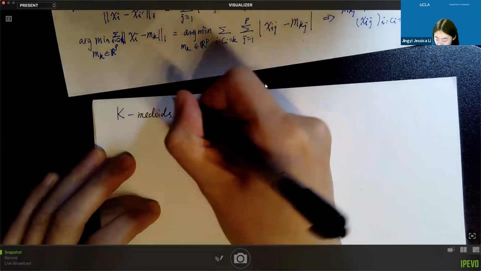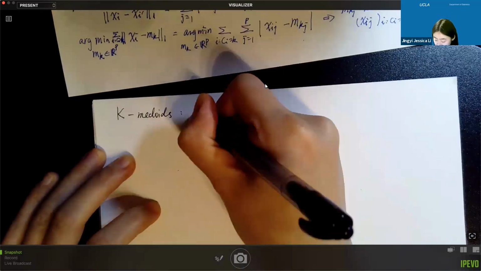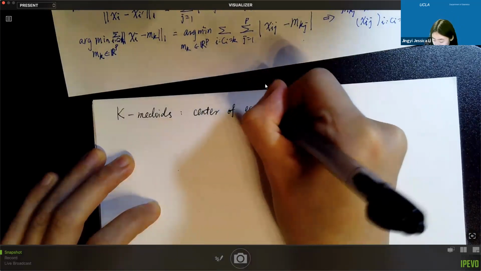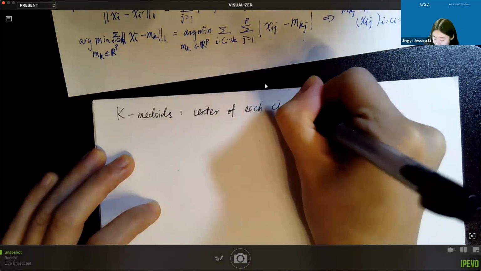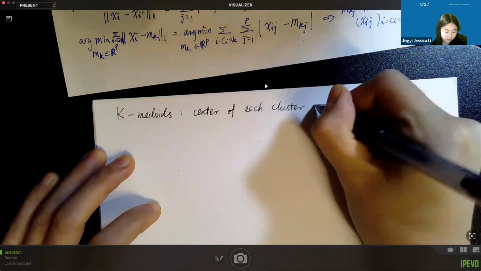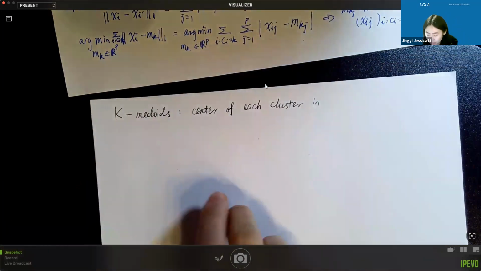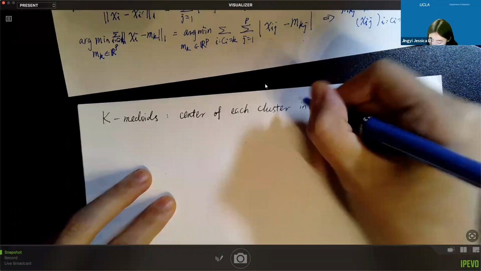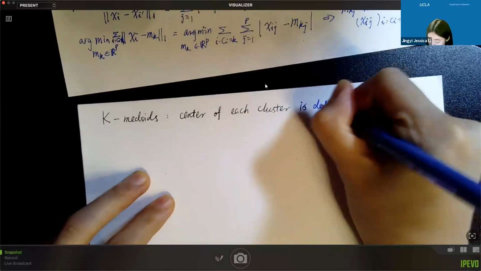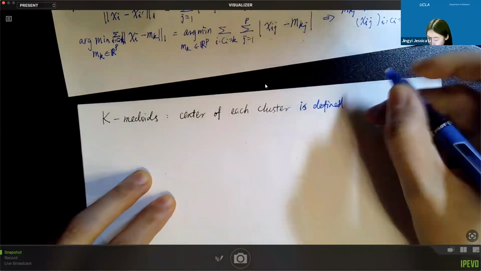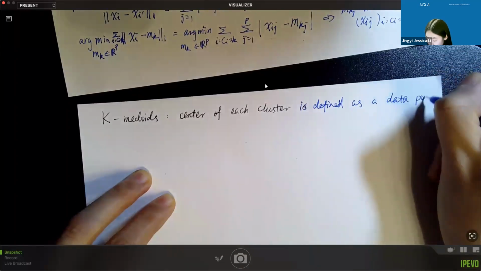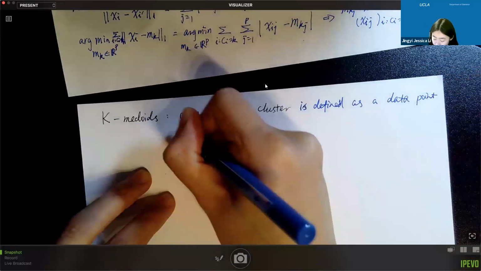Here, the center of each cluster is defined as a data point in that cluster.